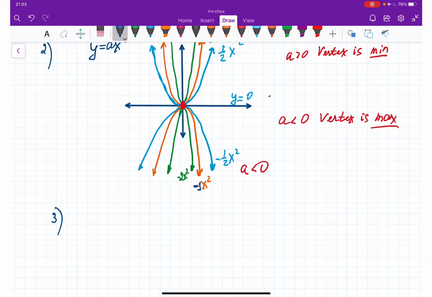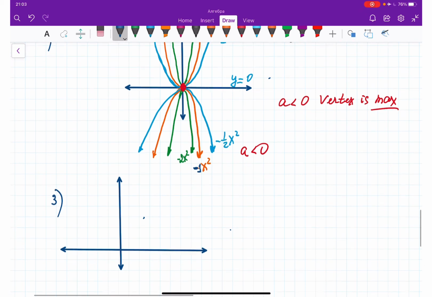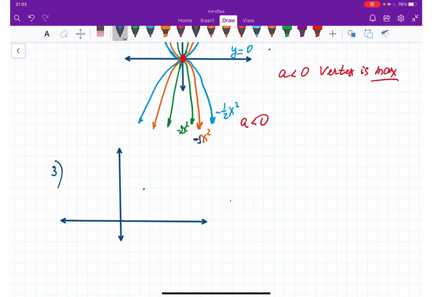Let's understand something. Let me draw the graph. I can have a graph that will have two x-intercepts like this.